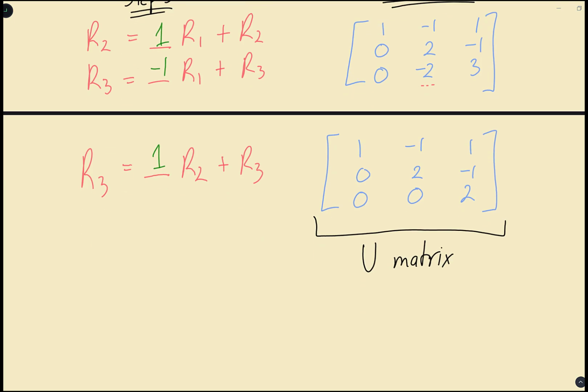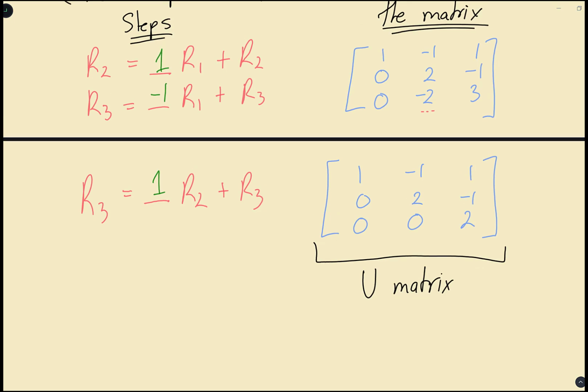In terms of the steps, we can write them in terms of an elementary matrix. So we have 3 row operations. Each one of these steps can be represented by a basically elementary matrix.